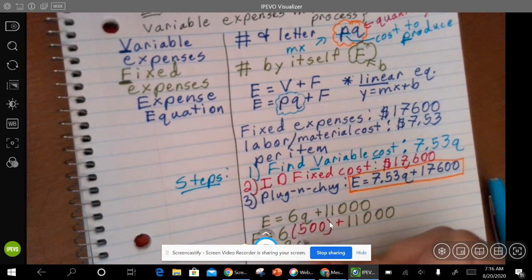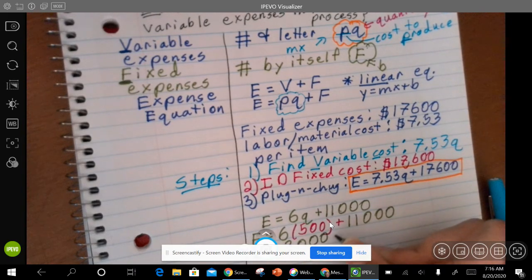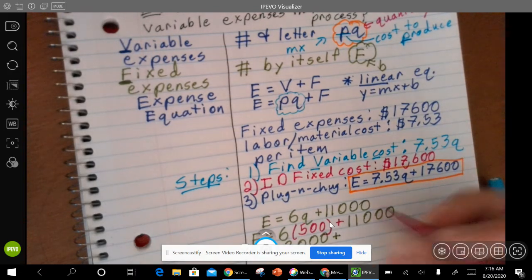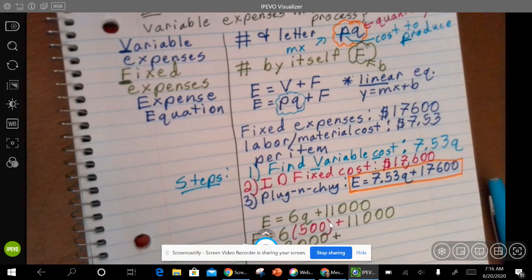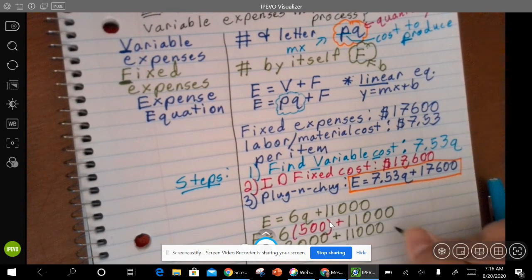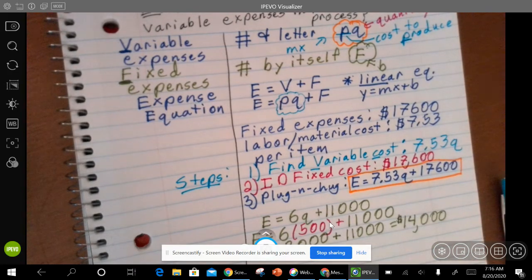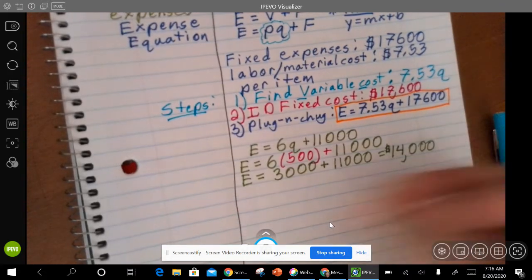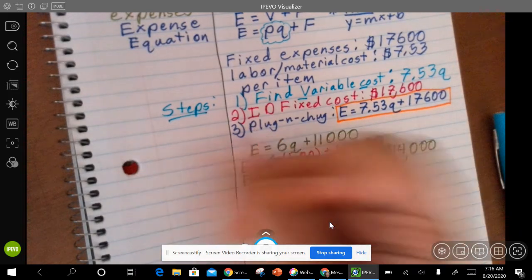Notice I'm not using commas, everybody, because when we do this in Canvas, you don't want to put commas in. Combine like terms, so we get 14,000. So the cost to produce 500 widgets is 14,000.